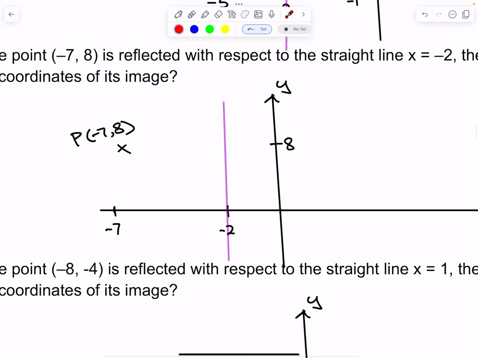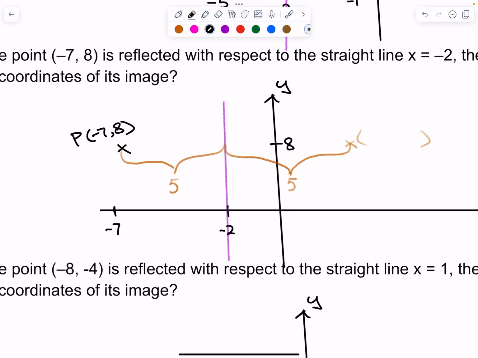You are at -7, you go to -2, 7 and 2. How many steps in between? 5 steps. If you have 5 steps here, how many steps do you need at the back? Also 5 steps. So where will be this new point?